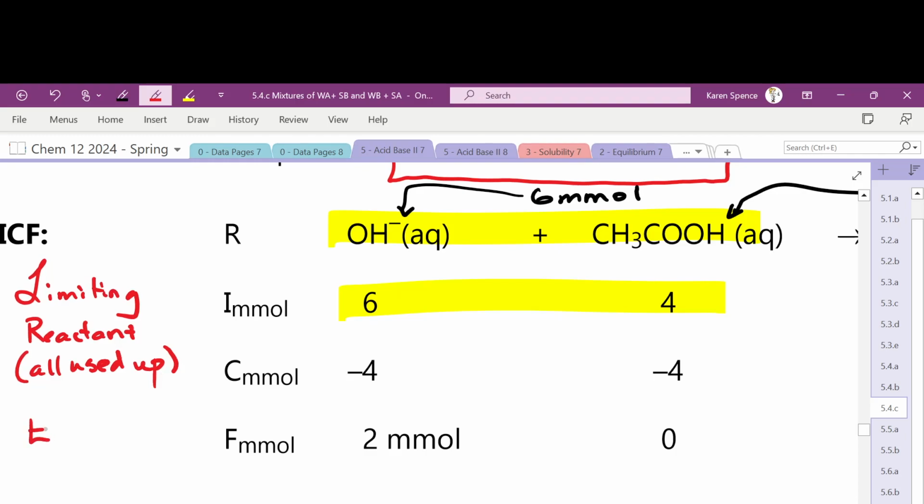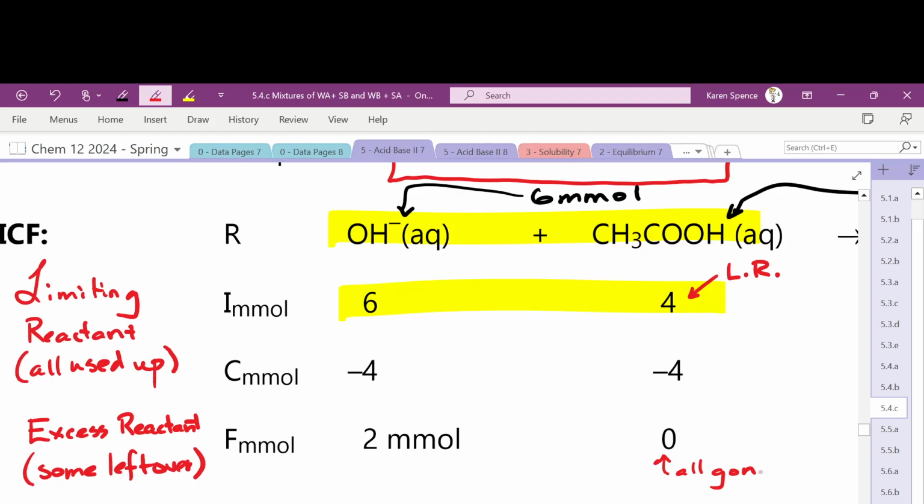And the excess reactant, there is some left over. So who is the limiting reactant? This one. I'm just going to call it the LR, okay? That's our limiting reactant, and it gets all used up, all gone. And that means that our OH minus is the excess reactant, and so there is some left over.